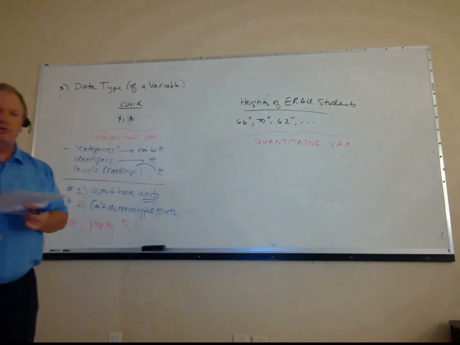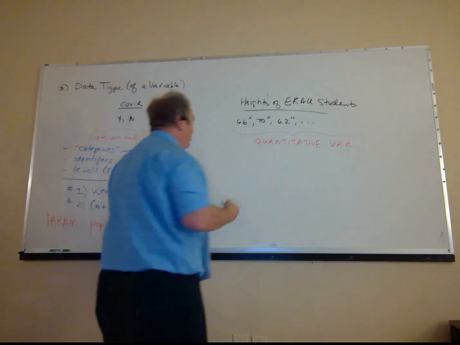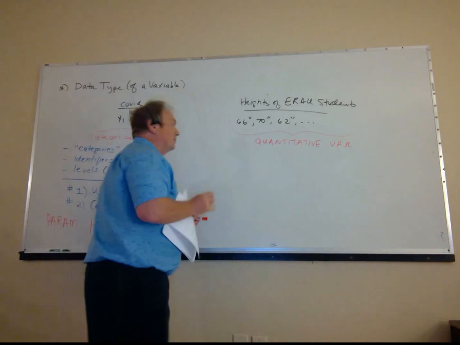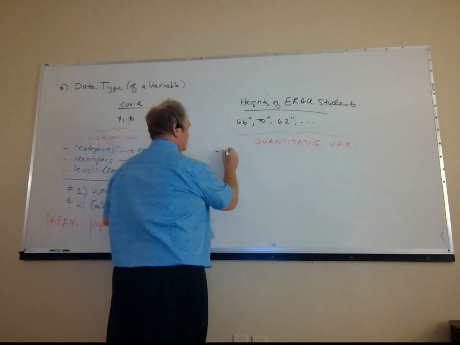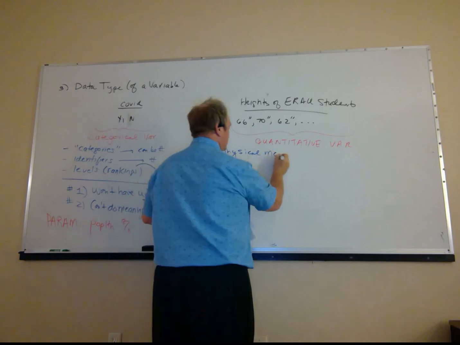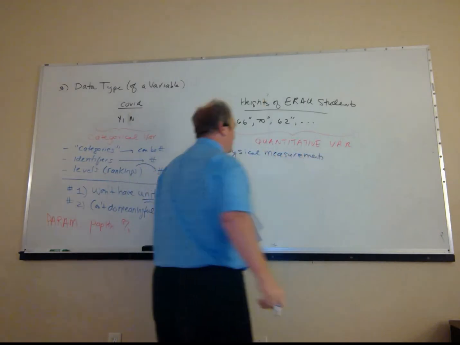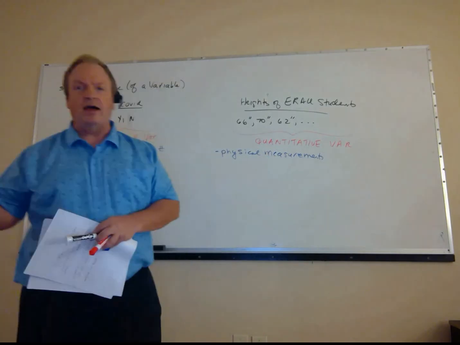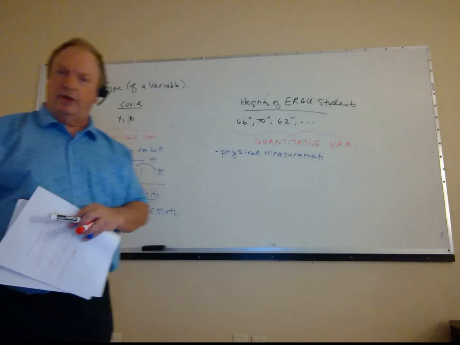Quantitative variables always fall into one of three categories. The majority of them correspond to physical measurements. So anything I can measure physically, height, weight, time, volume, pressure, speed, I can go on and on, right?